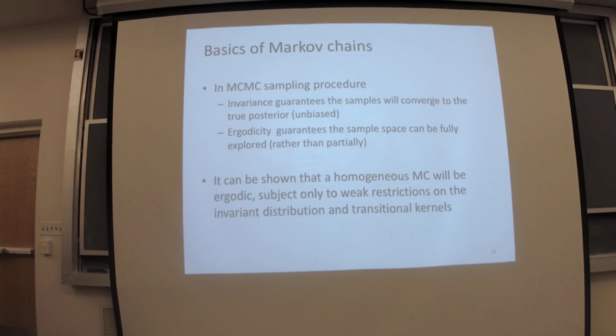To summarize, in the Markov chain Monte Carlo sampling procedure, the invariance guarantees that your samples will finally converge to the true posterior, namely your empirical distribution is unbiased. And ergodicity guarantees that your sample space can be fully explored rather than partially.